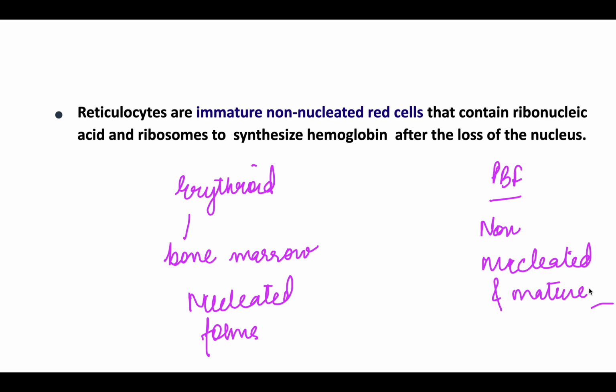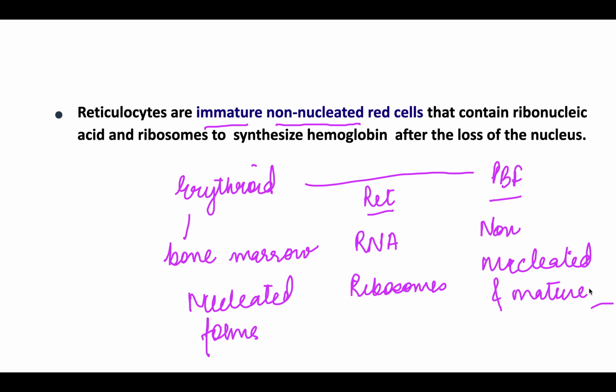Reticulocytes come in between these two. Reticulocytes are immature; they are non-nucleated like mature RBCs, but they differ from a normal mature RBC in that they contain RNA and ribosomes. This is the feature of reticulocytes.